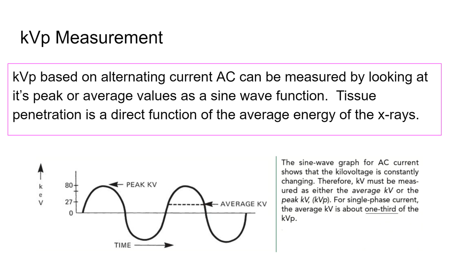But AC means it's alternating current, and it has one lobe going up, one lobe going down. So we look at current, and we often draw this diagram here, which is called a sine wave.